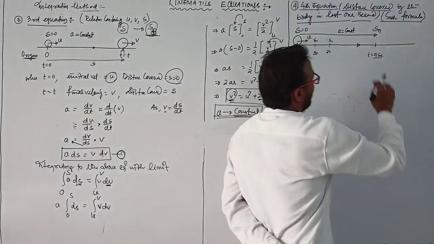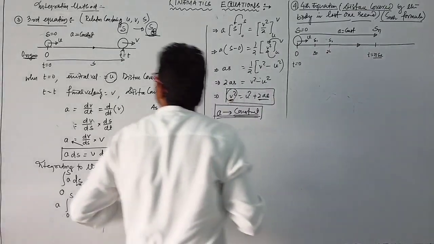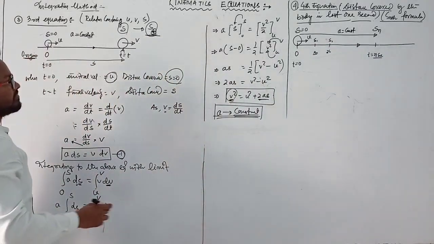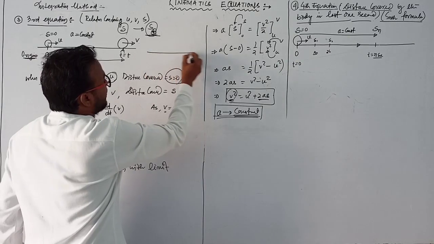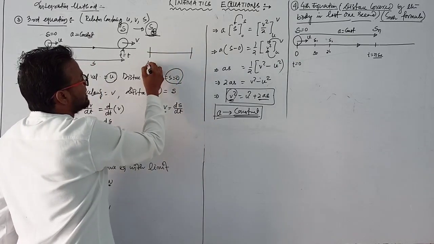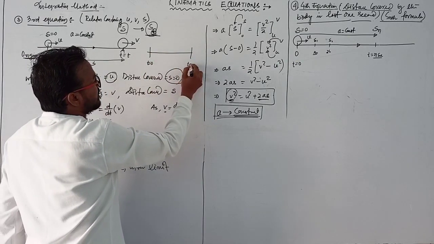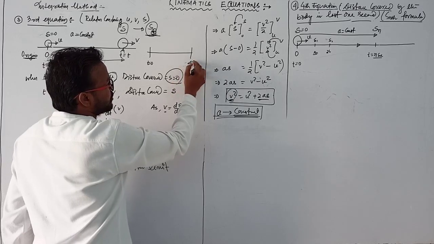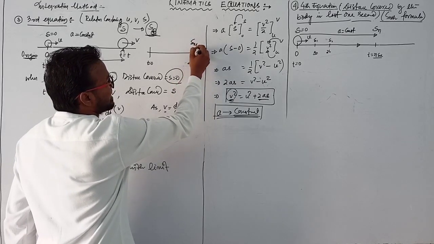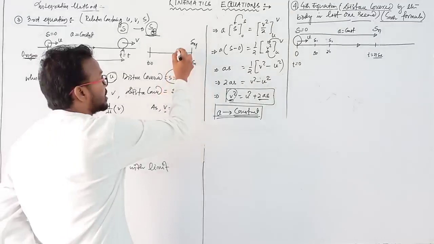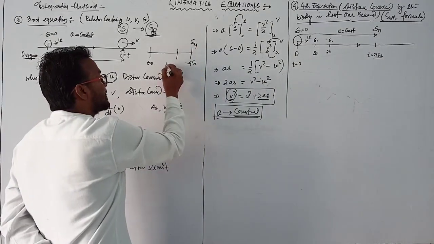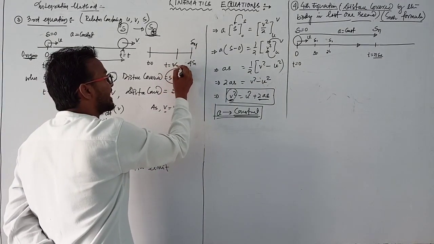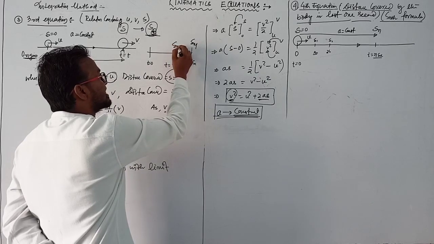Clear? Okay. But come to this question again. If a body covers, from t equal to 0 to t equal to, suppose, 4 seconds, then the distance traveled is s4. But at time t equal to 3 seconds, the distance traveled is s3.